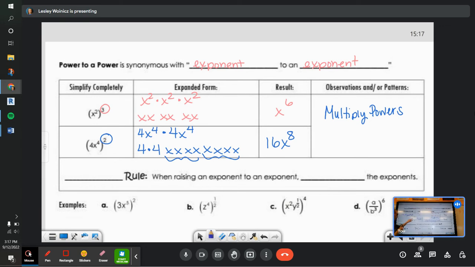So write this down here. We did 4 and squared it, and then we also did x to the 4th and squared it. Do you guys see that? Everything in the parentheses got squared. Yes, really quick. All right, so this is the power rule. When we're raising an exponent to an exponent, we are going to multiply the exponent.